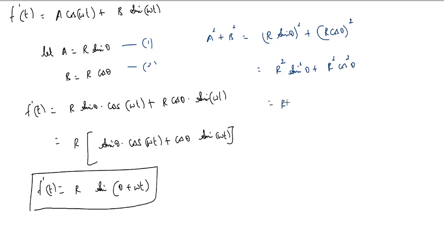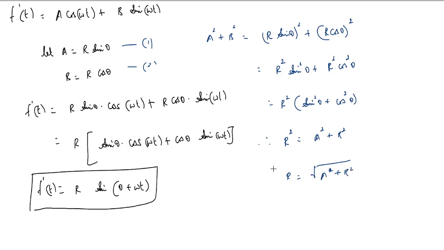From here r square is common, so what remains is sin square theta plus cos square theta. Now sin square theta plus cos square theta is equal to 1, therefore r square is equal to a square plus b square, or r is equal to the square root of a square plus b square.